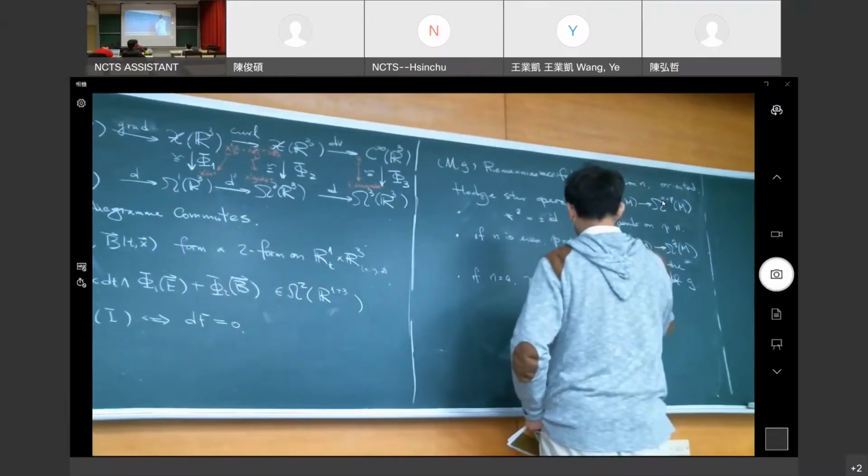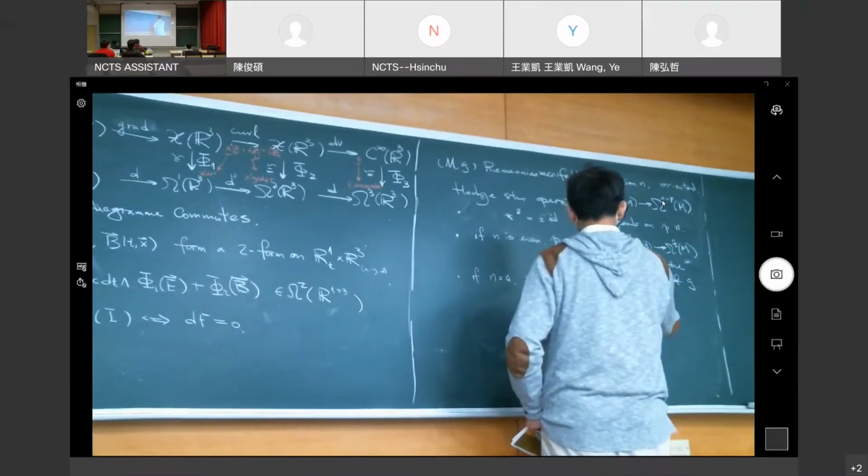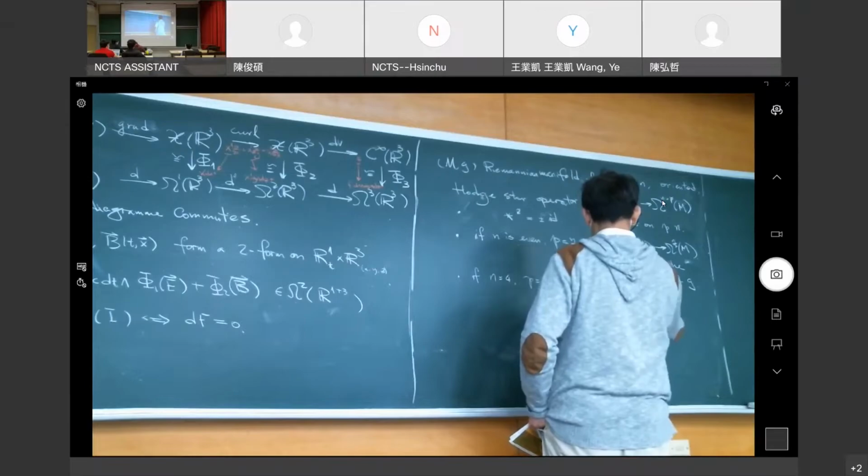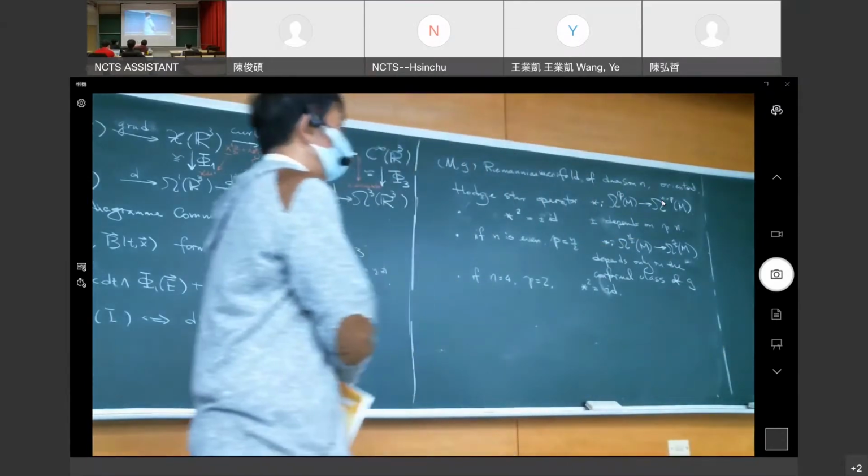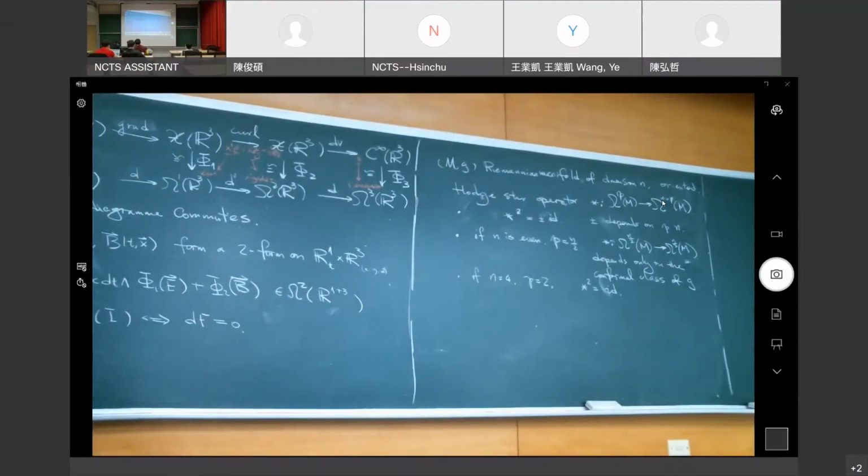I'm going to tell you that in 4 dimensions, in the Riemannian case, this is positive 1. So if you do it twice, it returns to itself.